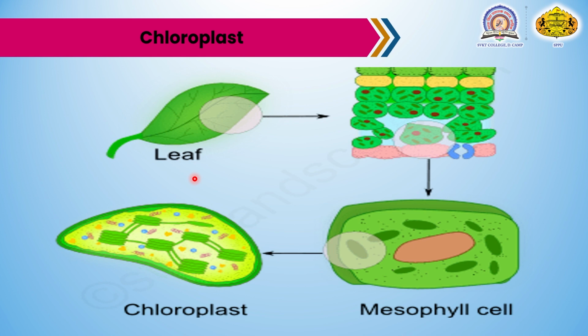They contain materials such as proteins, lipids, and pigments, that is chlorophyll pigments and carotenoid pigments, and also genetic material such as DNA and RNA. The chloroplasts are mainly found in the mesophyll cells in the plant's leaves.